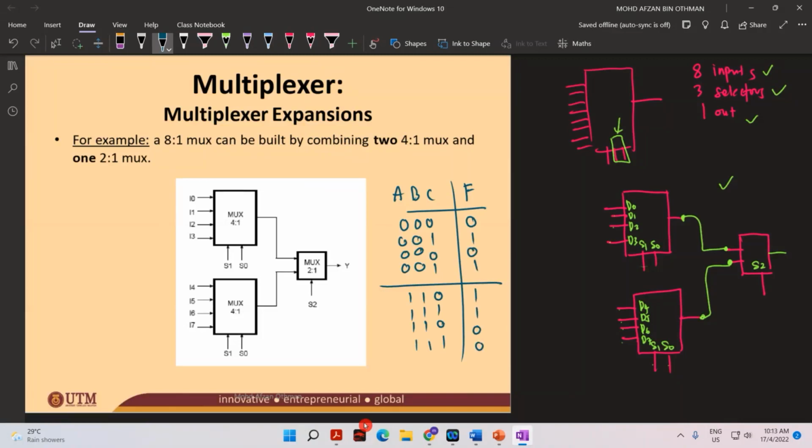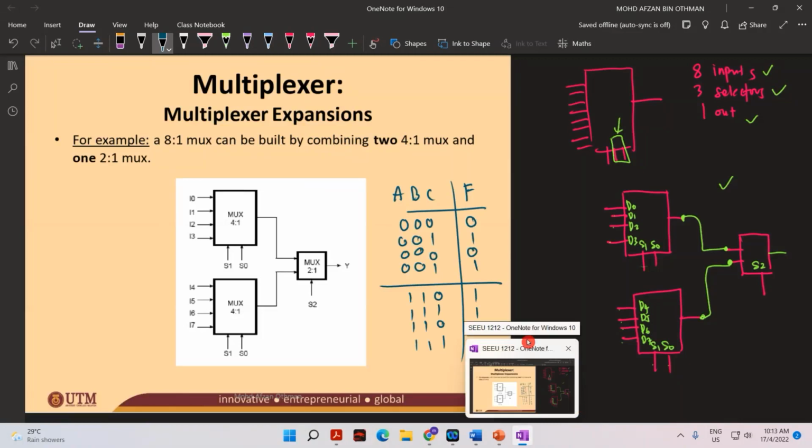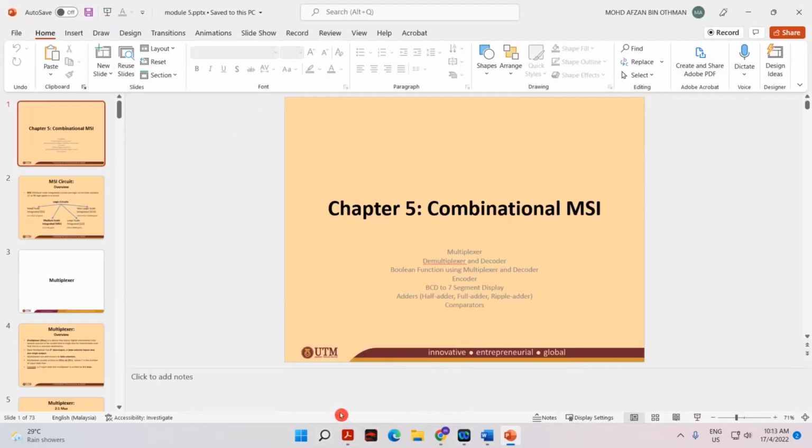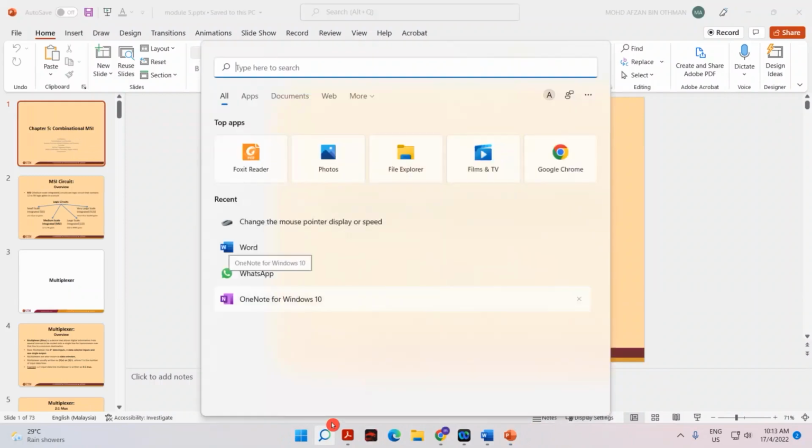Alright. B. Apa dia? Selector B bukan kosong. Satu kan? Silap. Okay, minta maaf. Confident sangat. Okay, so 1 1 0. Alright, betul. Betul.